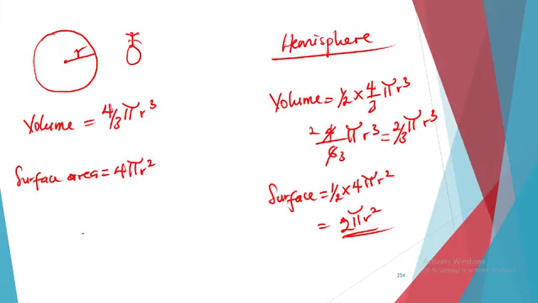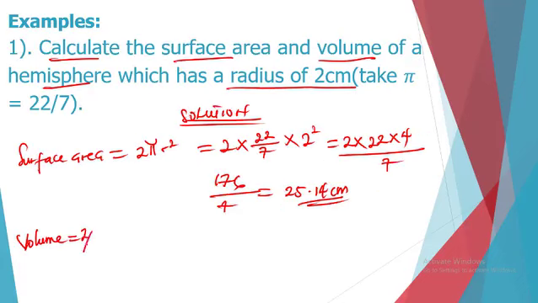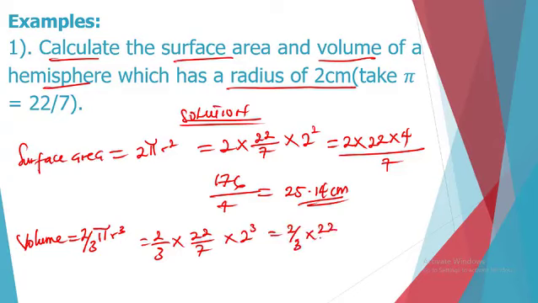Then we are asked to find also the volume, and the volume is given as 2/3 pi r cube. That will give us 2/3 times our pi, which is 22/7, times our r, which is 2 cube, and that will give us 2/3 times 22/7 times 8.